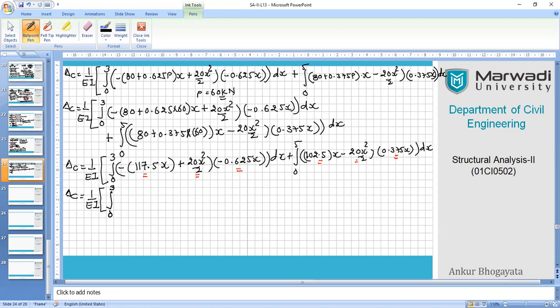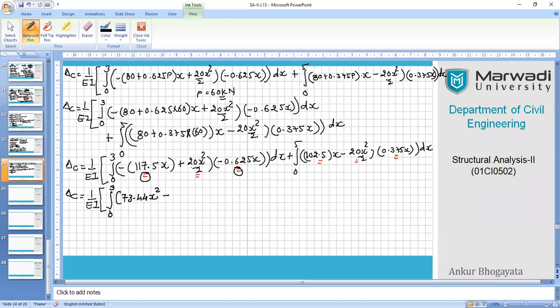So the first two terms, this one and this, minus minus plus, so it is 73.44 x square, because this term has x, this term also has an x, right?